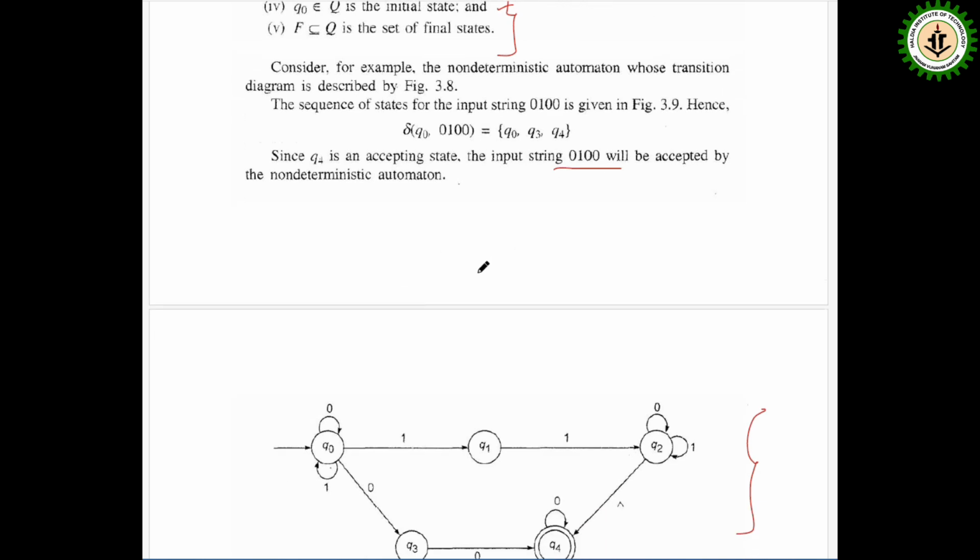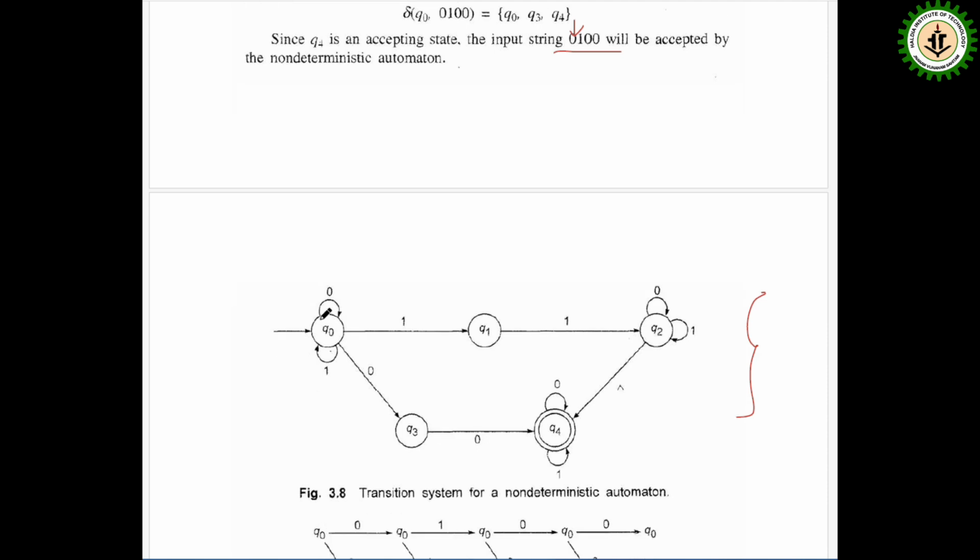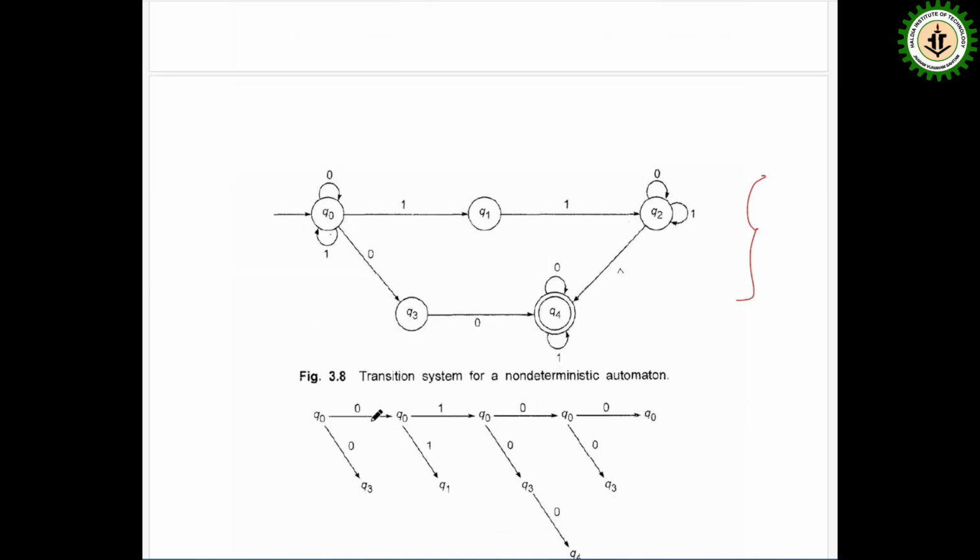The first symbol is 0. From the state Q0, we decide the next state. Here you can see that the next state may be Q0 or Q3. So there are two possibilities: using 0 from Q0, we get Q0 or Q3.